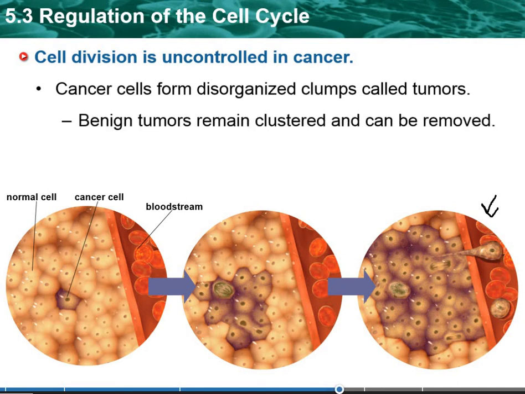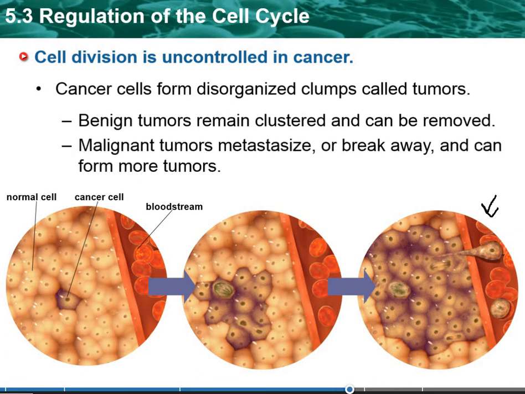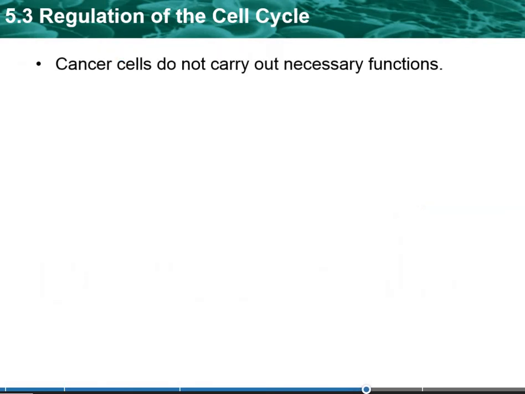So like I said, benign tumors remain clustered and can be removed. Malignant tumors a lot of times are going to metastasize and break away and can form more tumors in other areas. So cancer cells do not carry out the necessary function of the cells.